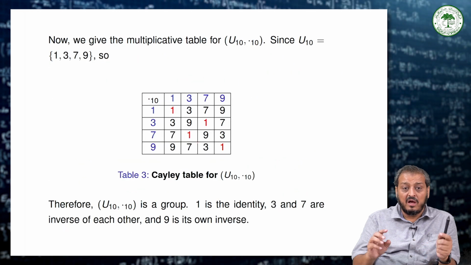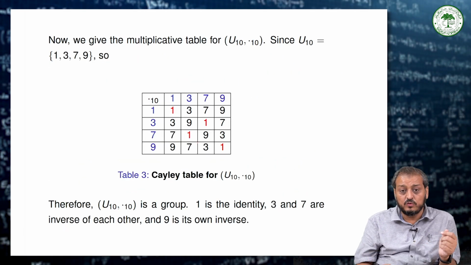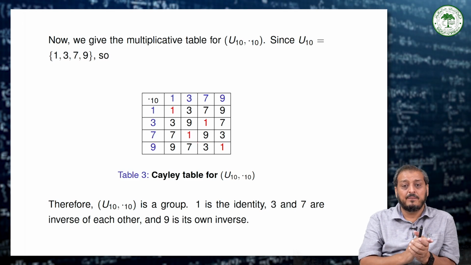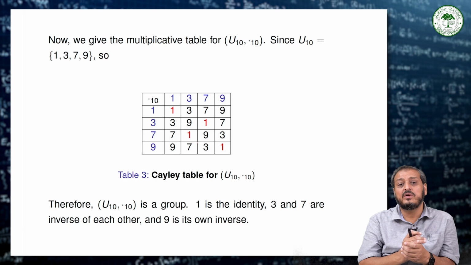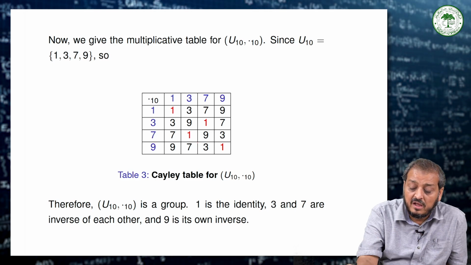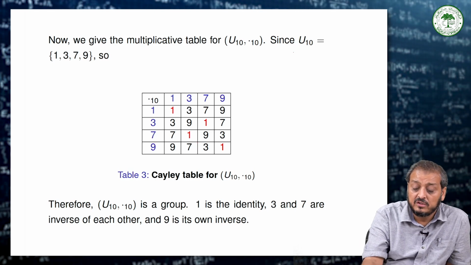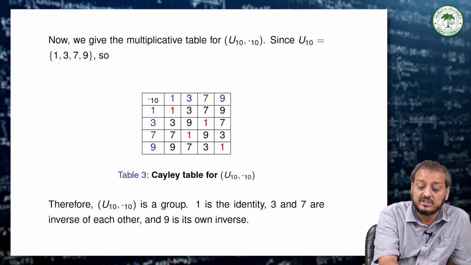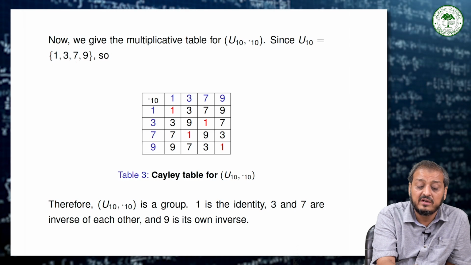So now I will give another Cayley table, the multiplication table for U10, and you know that we take the elements of U10. Those elements which are relatively prime to 10 are 1, 3, 7 and 9.